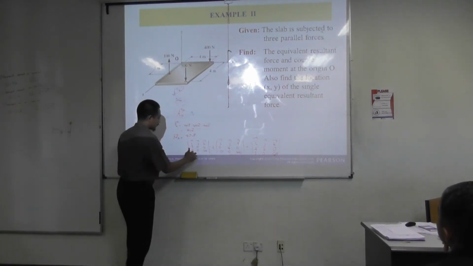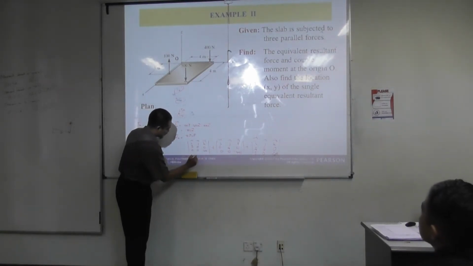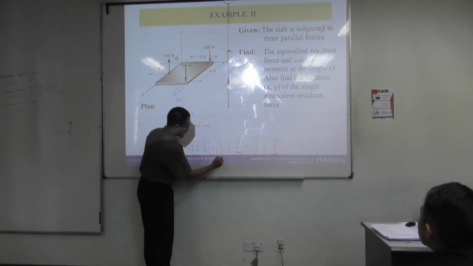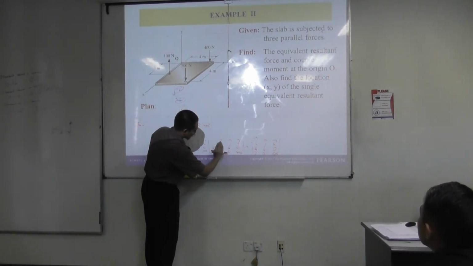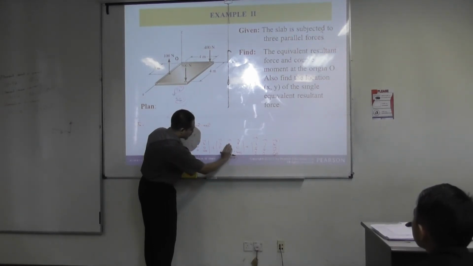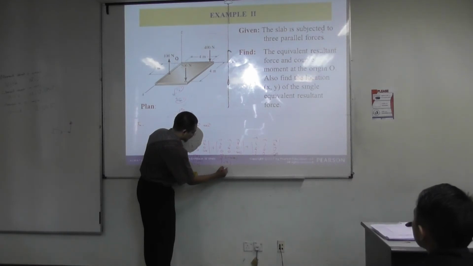Because here, for I, 0. For J, 300. For K, 0. This one for I, minus 1600. Right? Minus J, 0, K, 0.